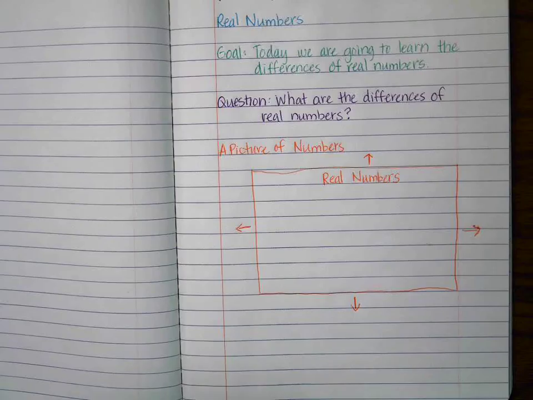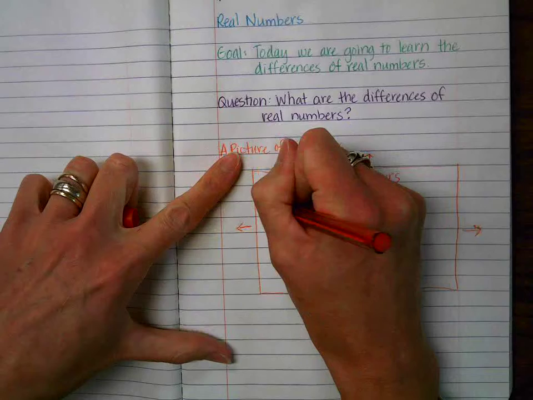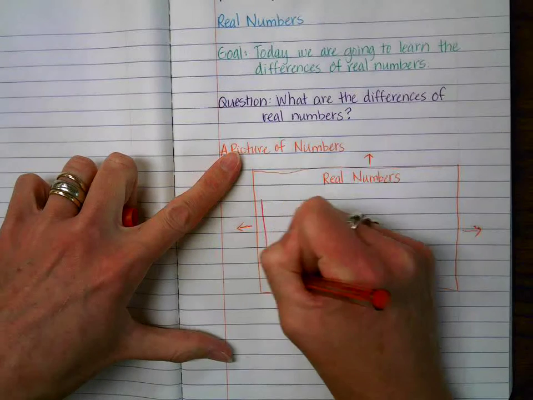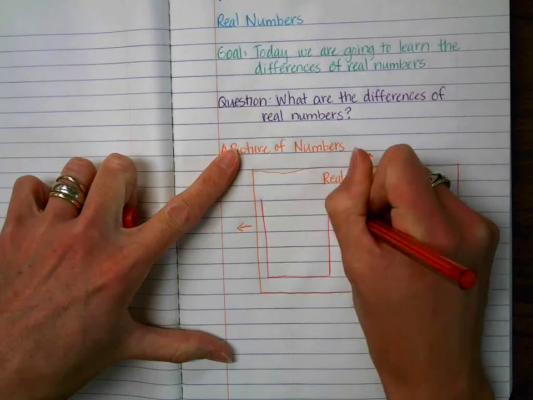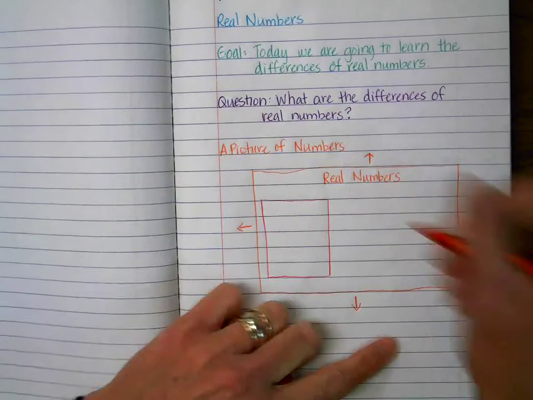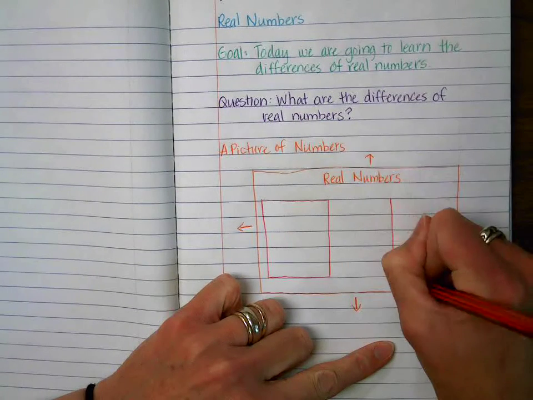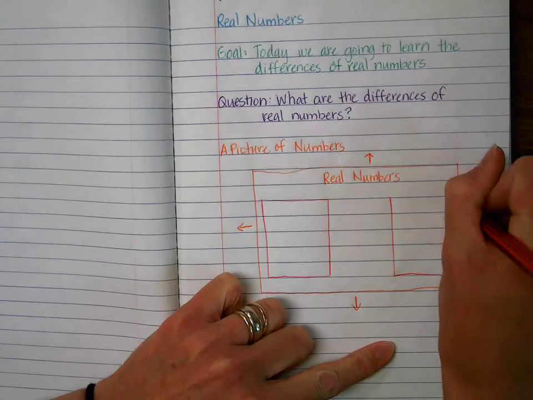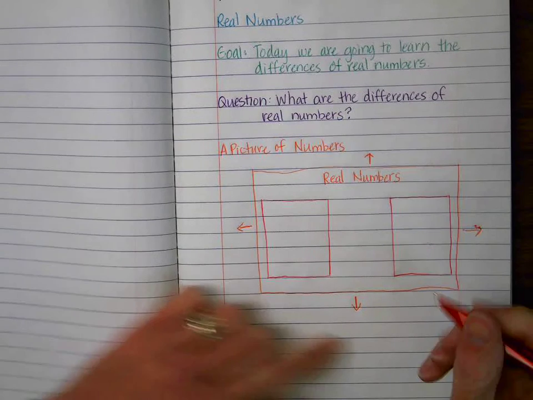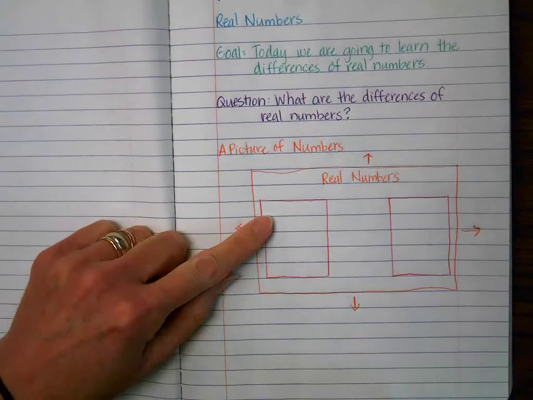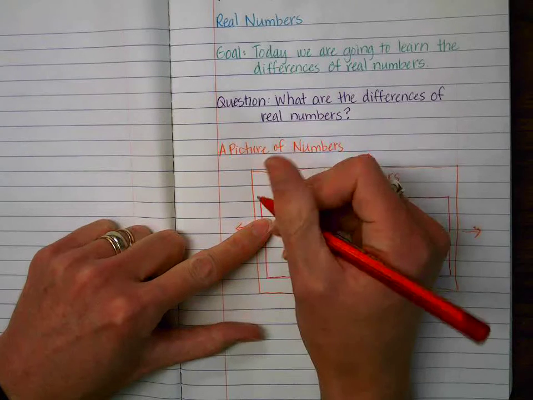And inside this area of real numbers are two categories. We're going to draw a rectangle over here to represent one category, and we're going to draw another rectangle over here to represent the other category. In this rectangle, we'll start over here first.